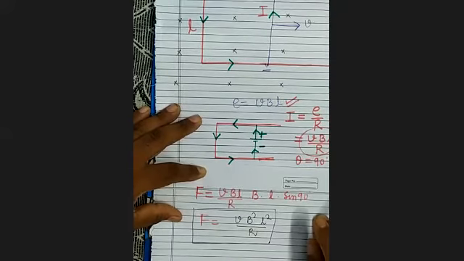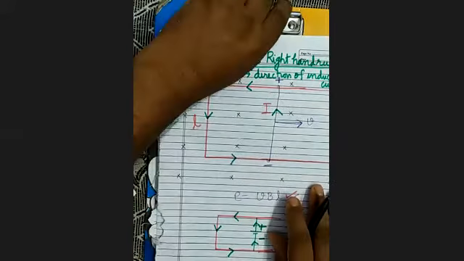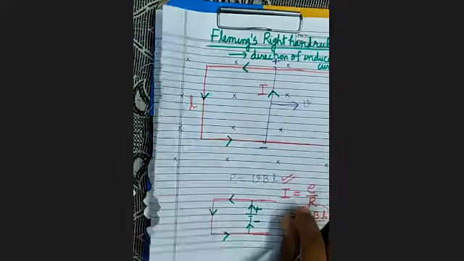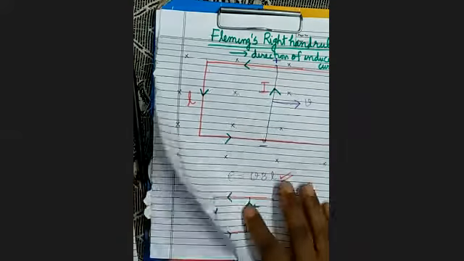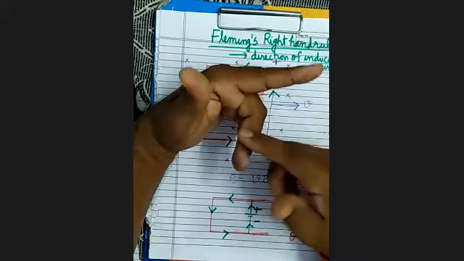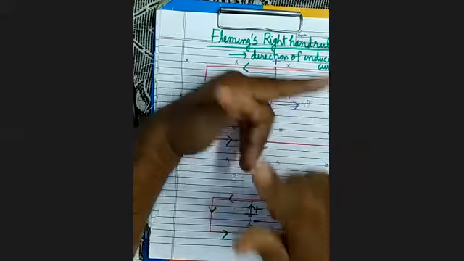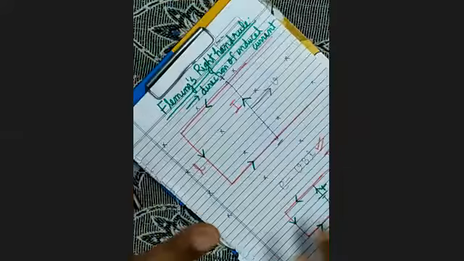Now, what will be the direction of force if you have to determine? So, direction of force can be found by using Fleming's left hand rule. You adjust it here: thumb is, forefinger is in the, middle finger is in the direction of I, forefinger magnetic field.